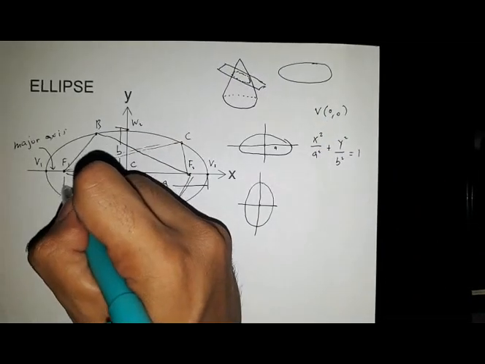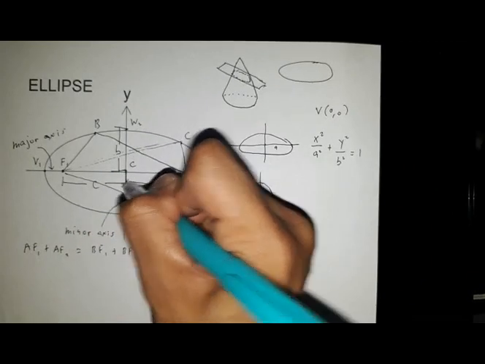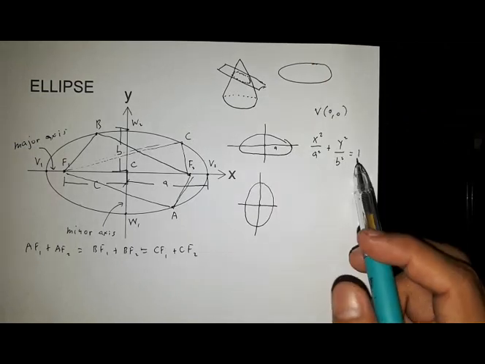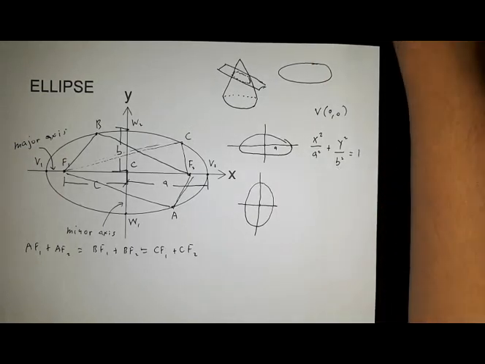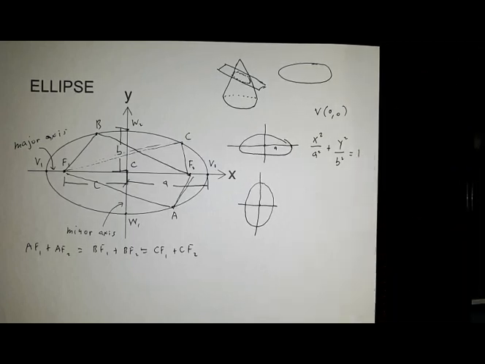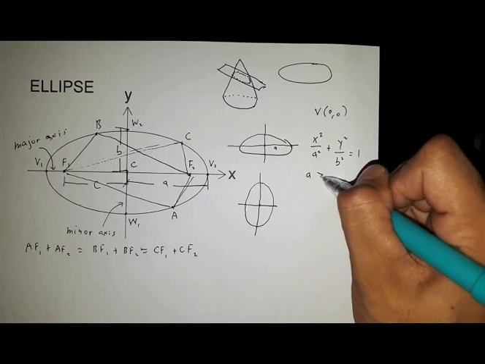And your c is the distance of a focus to the center. So here, when your center is located at the origin and the orientation is horizontal, you have x squared over a squared plus y squared over b squared equals 1, where a is greater than b.